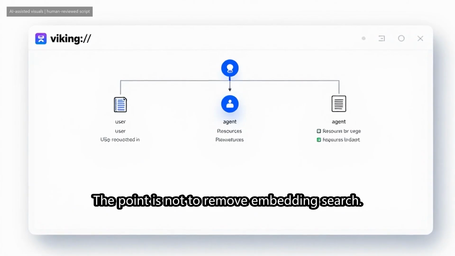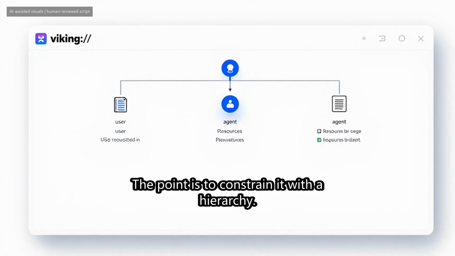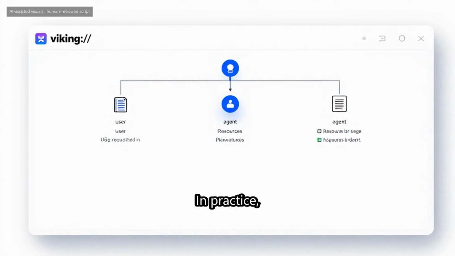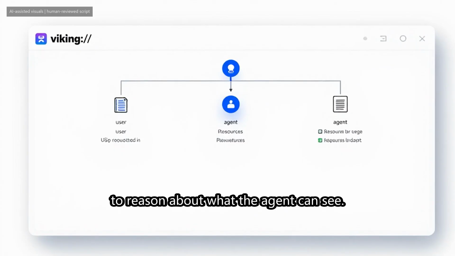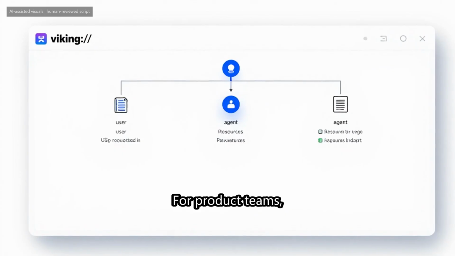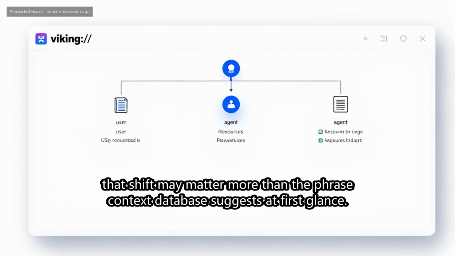The point is not to remove embedding search. The point is to constrain it with a hierarchy. In practice, that gives developers a more deterministic way to organize memory and a more legible way to reason about what the agent can see. For product teams, that shift may matter more than the phrase context database suggests at first glance.